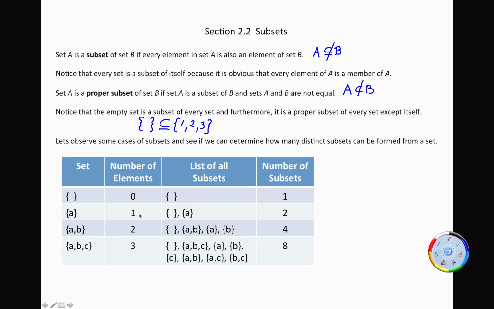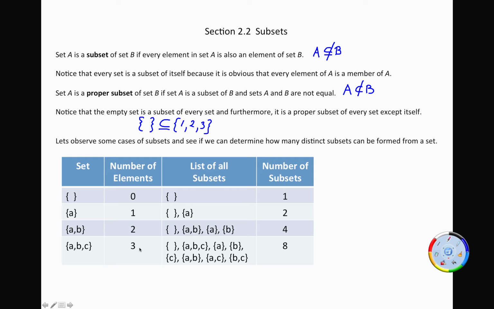If I have a set with one element, the empty set is a subset, and of course the set with that one element in it, so I have 2 subsets. If I have a set with 2 elements, I have the empty set and the set itself, of course, and then I can, in this case, have a set with just the element A, with just the element B, giving me 1, 2, 3, 4 subsets.